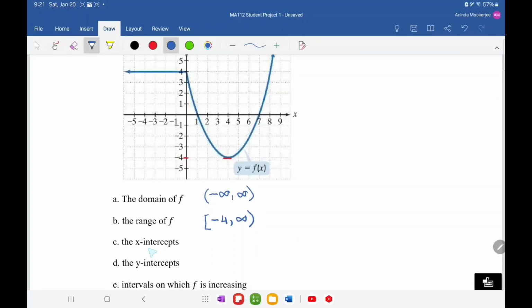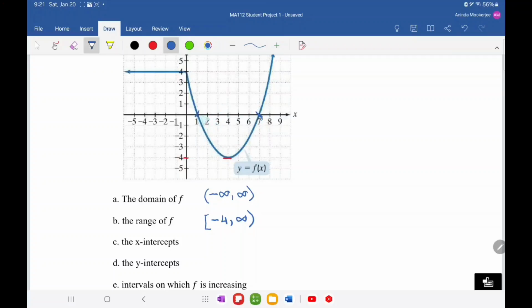The next question asks for the x-intercepts, where the graph crosses the x-axis. You have to give the coordinates of the x-intercept. We see that this graph crosses the x-axis at 2 points, one here and the other over here.